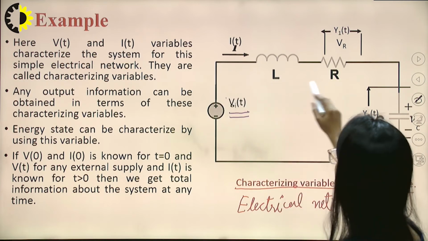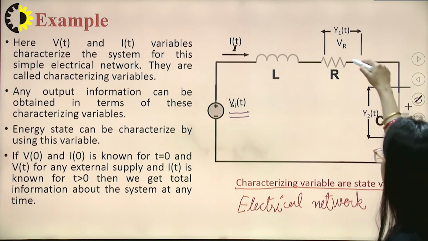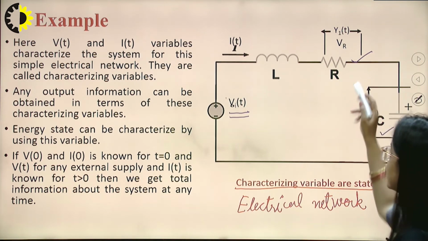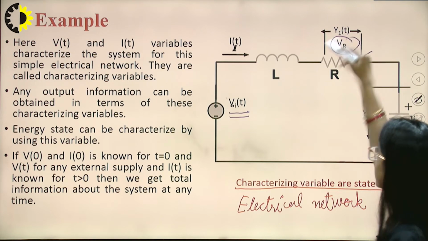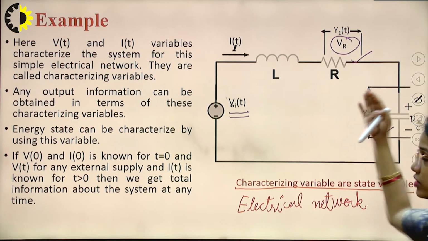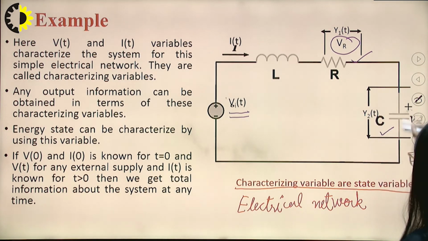Then we have this resistor R and this capacitor C. Across this resistor we have a voltage VR, across this capacitor we have VC.